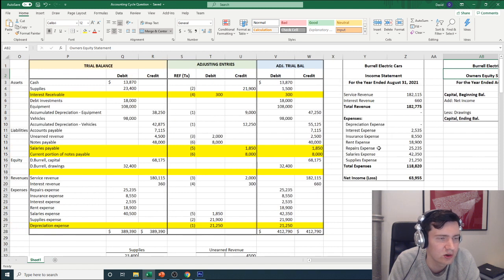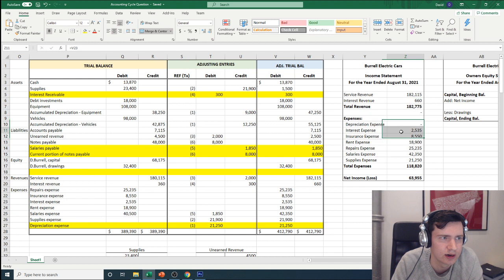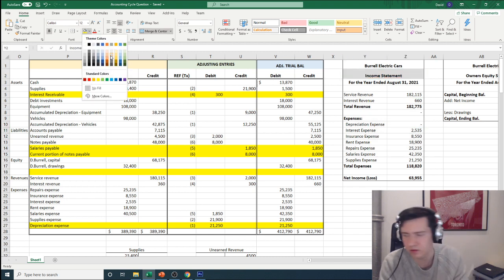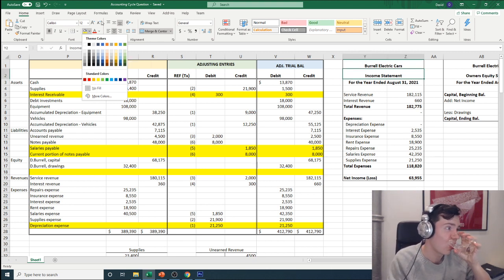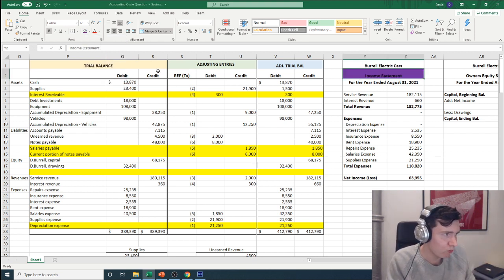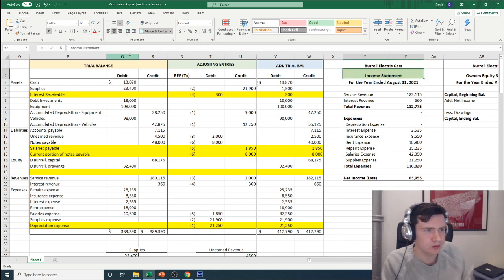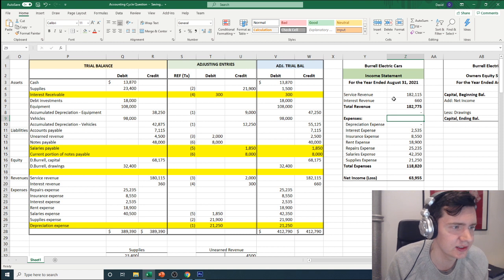So let's just quickly go over how we prepared these. So this is our income statement. Let's use a different color for this one, since that way we can differentiate between them. Okay, so income statement.